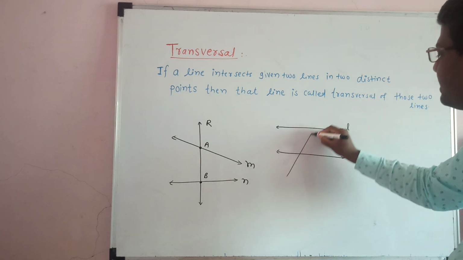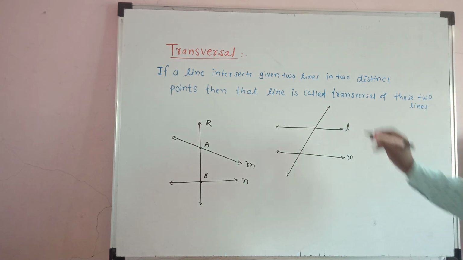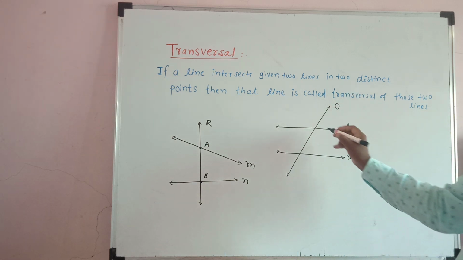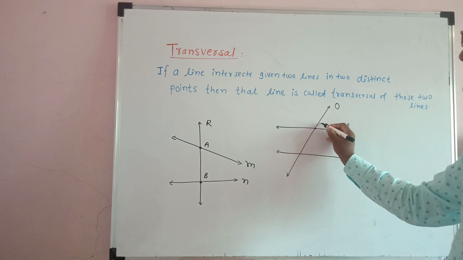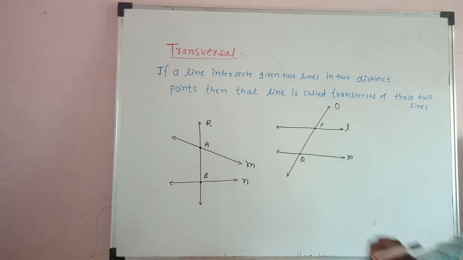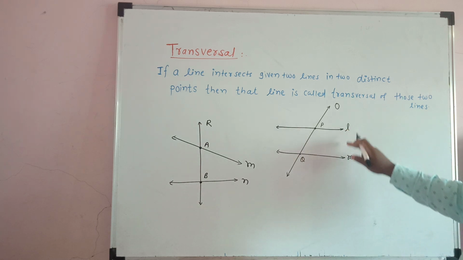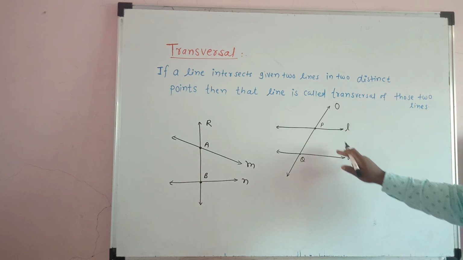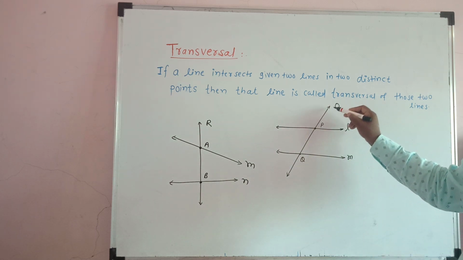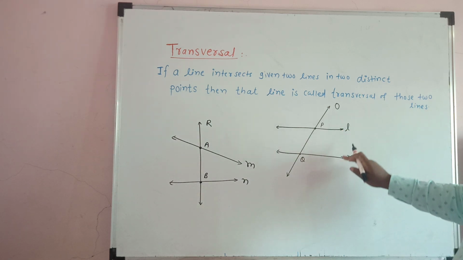And we draw a third line O. Now this line O intersects line L at point P and line M at point Q. So line O intersects the parallel lines L and M at two distinct points P and Q. Then line O is called a transversal of lines L and M.